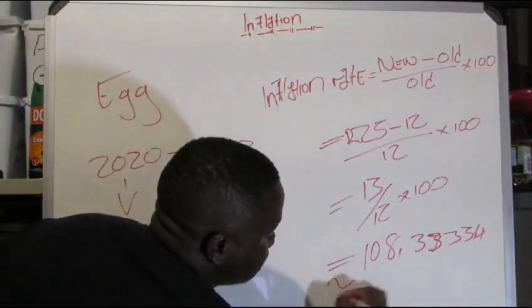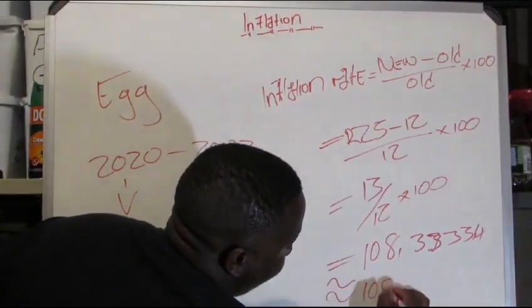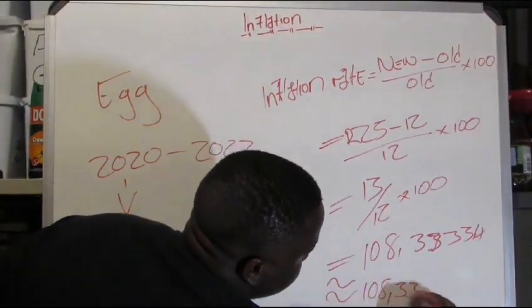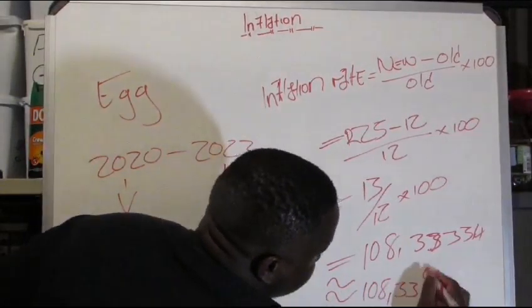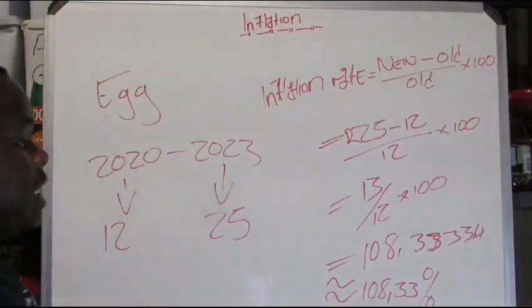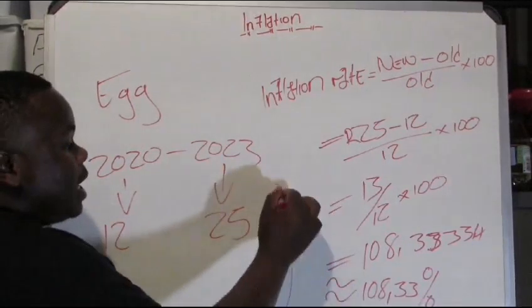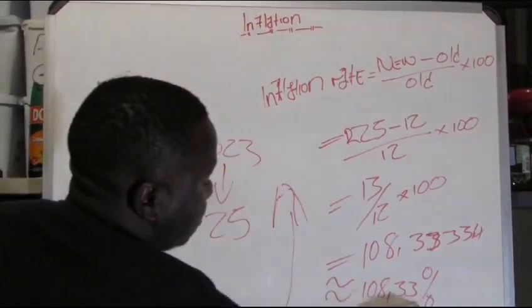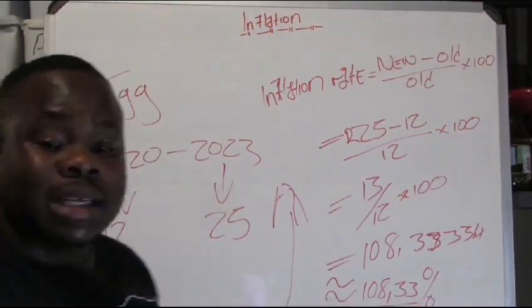So that means at the moment the inflation increased by 108%, guys. That's how rough the economy is at the moment, 108%.